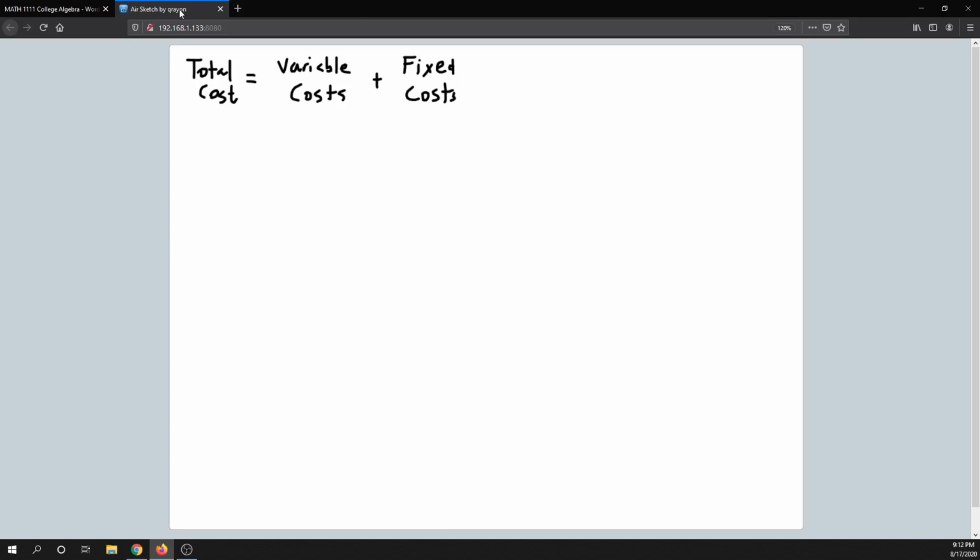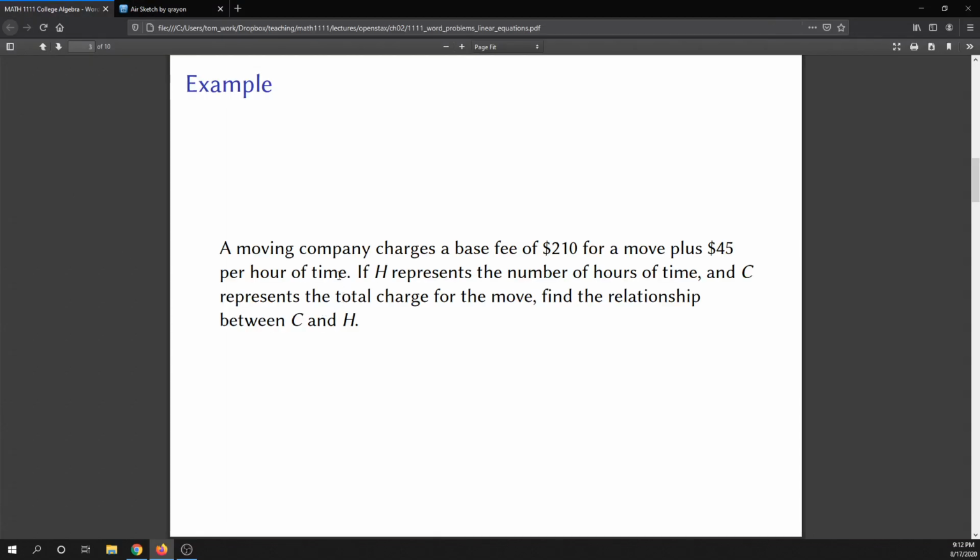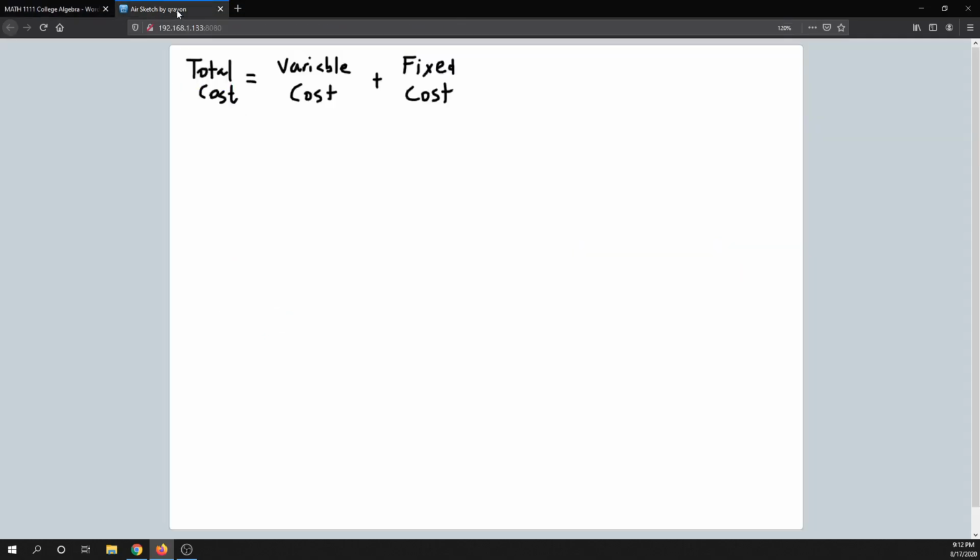That's our basic formula right here. Going back to the statement of the problem, the variable C represents the total charge, or total cost, for the move. So that variable would be the total cost here, so it would be C.